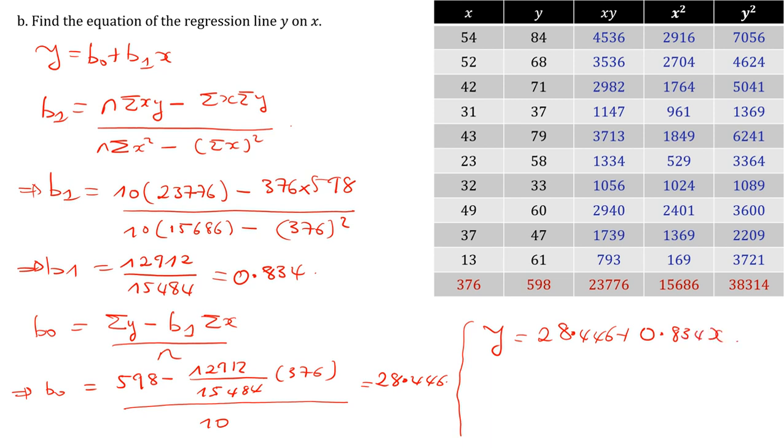So that's the equation. Now, notice that we saw that the relationship between both variables is not really strong because the correlation coefficient was very small, so it was too far from 1.